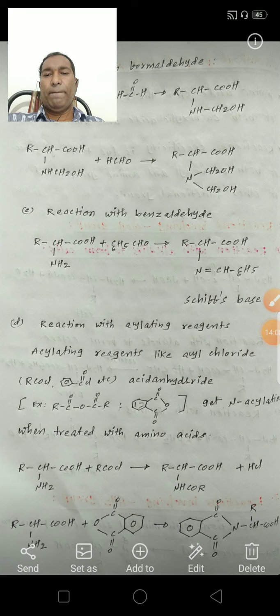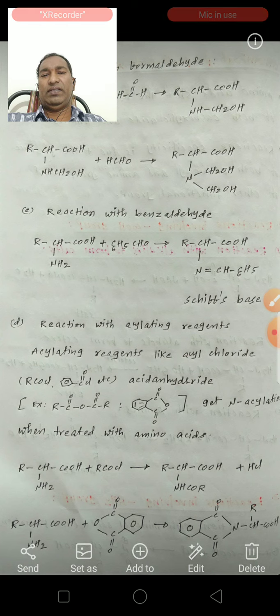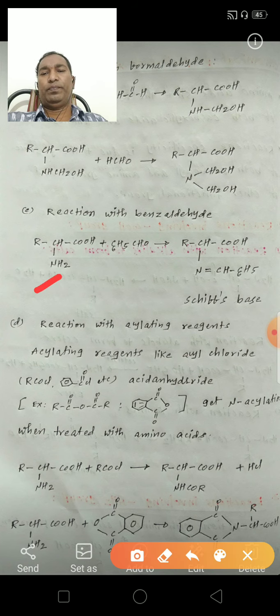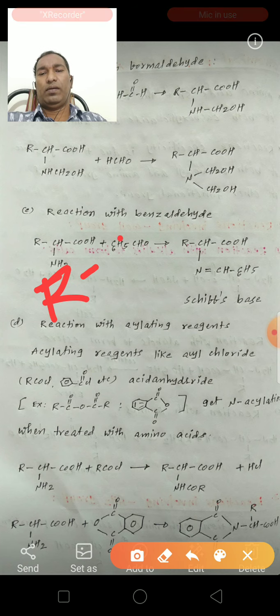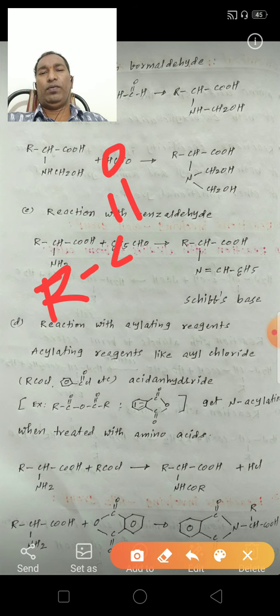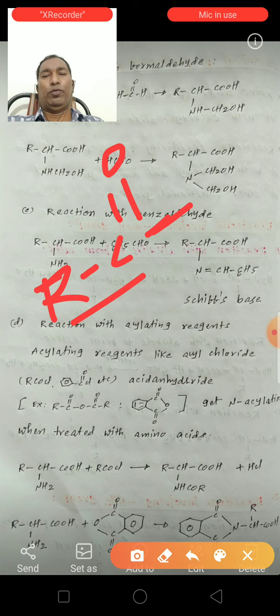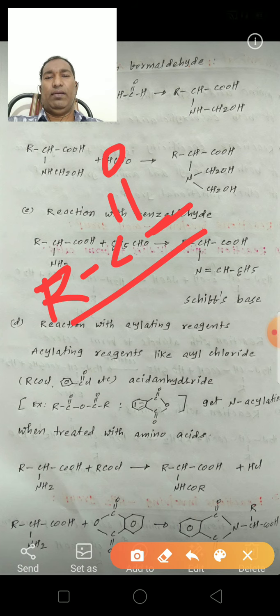See here, acylating agent means this is the acyl group, see R C double bond O group, this is the acyl group. The acyl donating group is known as an acylating group.